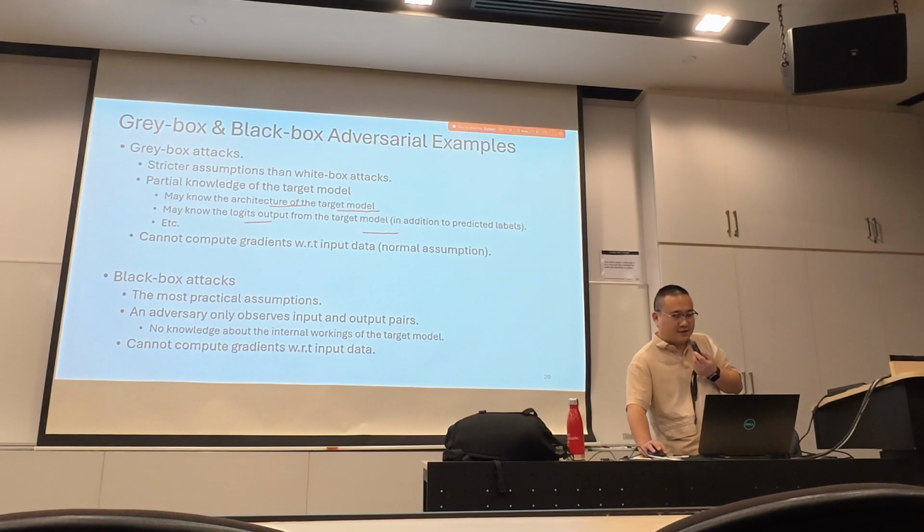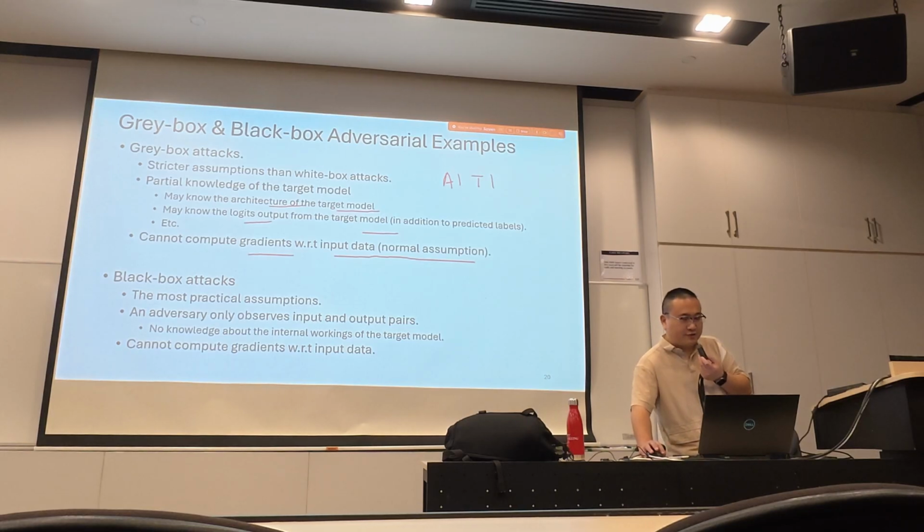A classic setting is that we cannot compute gradients with respect to the input data. This is a normal assumption for gray box attacks, and this is also true for your assignment 1, task 1. In your assignment 1, task 1, you cannot use the target model to calculate gradients because you are developing gray box attacks. So we assume that you cannot directly use the target model for gradient calculations.